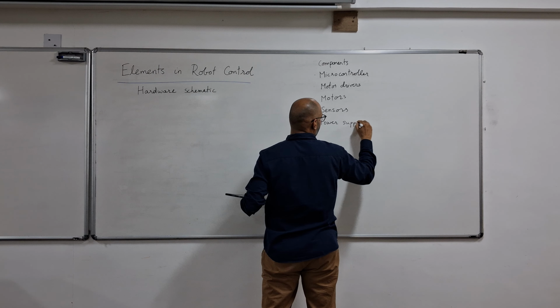Okay, now let's see in a schematic how these components typically work together. So let me go back to having a motor. Now remember, this is not a control block diagram, so I'm not just showing a flow of information, but I'm also now starting to see if we can represent how some of the hardware components work together and what sort of connections they will have with each other.